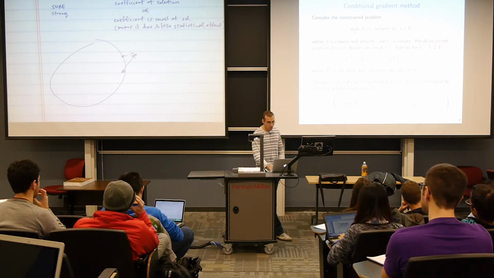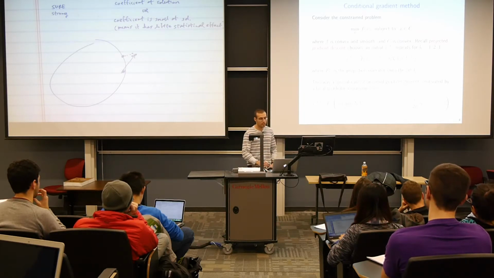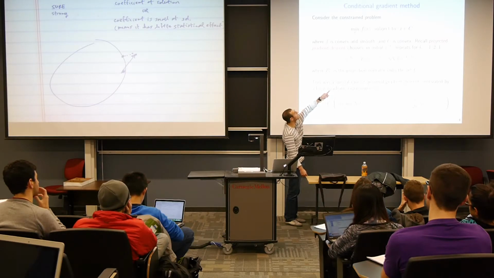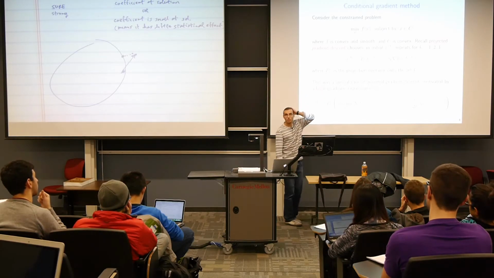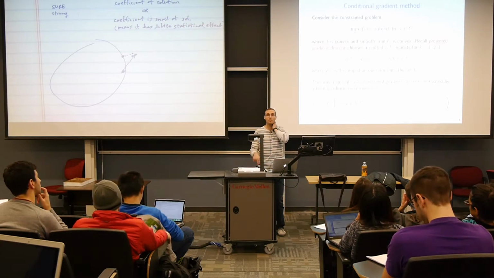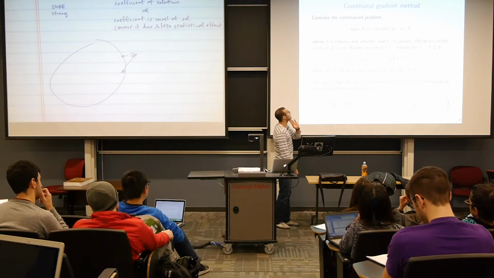The step sizes are chosen as you would normally, using backtracking. And remember that we motivated this as a special case of proximal gradient descent, where we replaced that hard constraint with an indicator function. So we thought about minimizing f of x plus the indicator function for the set C applied to the point x.